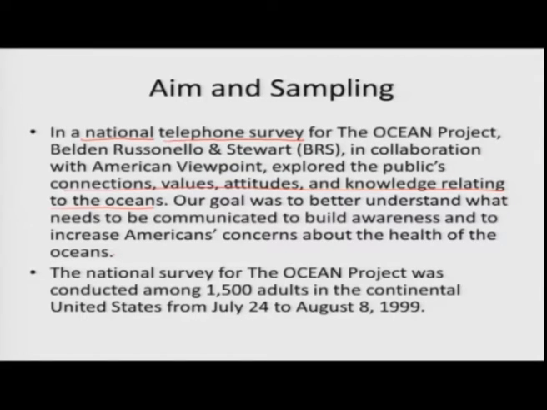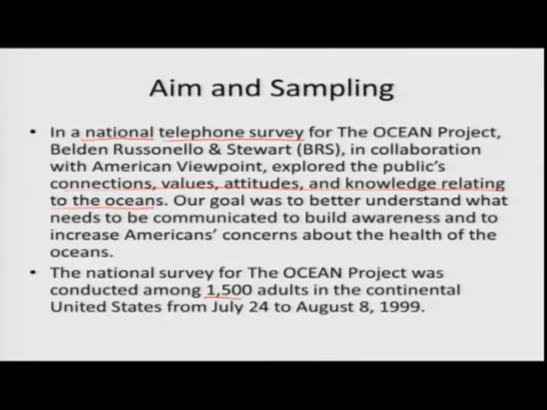How many people participated? The national survey for the Ocean Project was conducted among 1,500 adults in the continental United States from July 24th to August 8th, 1999.